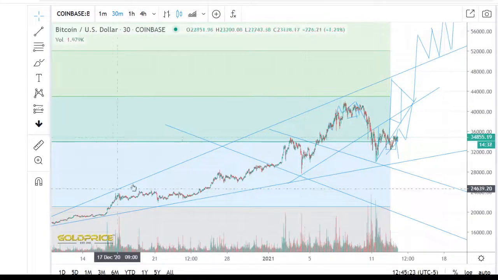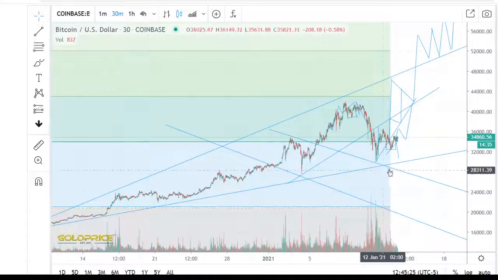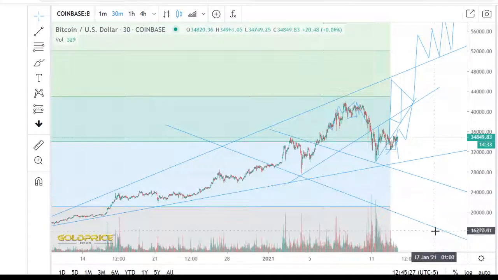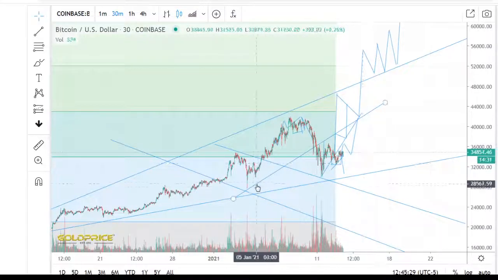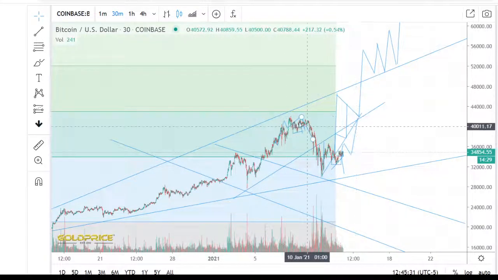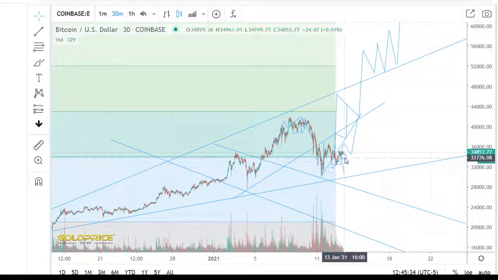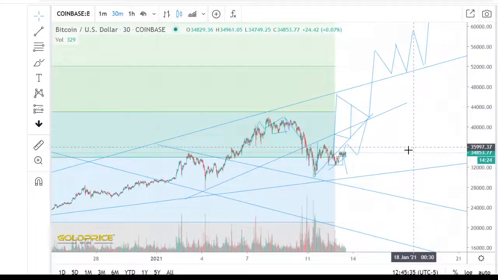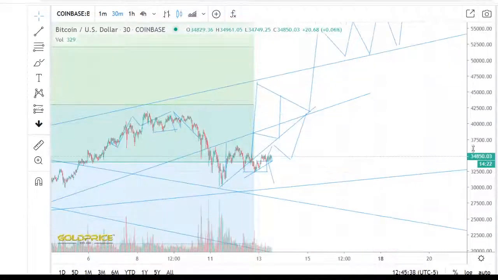You see this is the long-term channel, this is the negative channel, and this was the short-term channel. We broke this short-term channel to the downside. Now we have to decide in which way we can go.